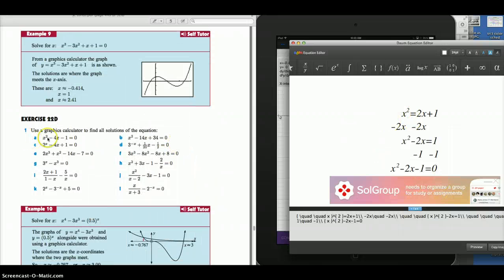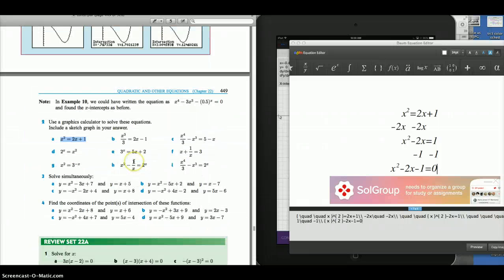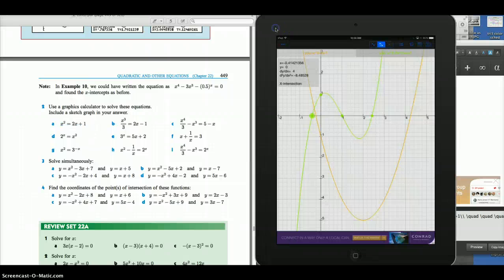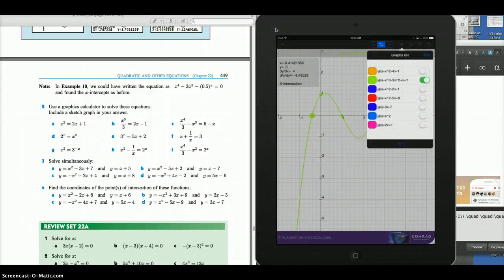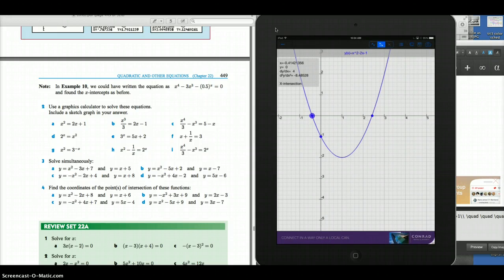And then we have an equation like these, here on the left, that all we have to do is pop in and graph and look for the intersections with the x-axis. So let me show you that, okay? Let's take off these other 2, and let's look at this one. So I get 2 answers. Notice I've got the answer of negative 0.414 and 2.41, okay?